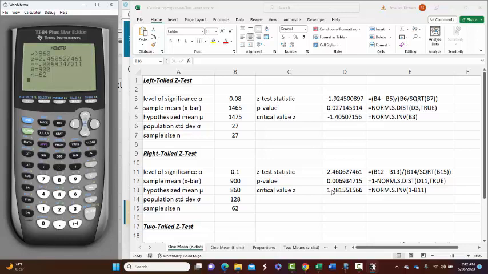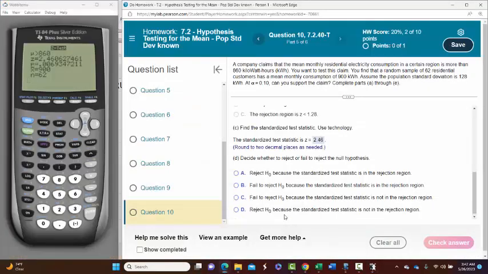Okay, so let's see what we have. The 2.46 is going to be greater than the 1.28, so that number would lie in the rejection region. You can also verify the answer is going to be reject by the p-value.